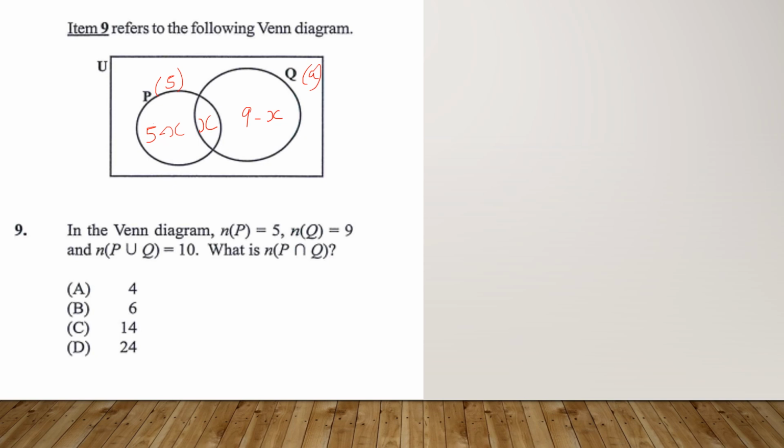If they told you that the union is 10, what number when I subtract x from 5 and x from 9 would give me 10? So we can get an equation: 5 minus x plus 9 minus x all equals 10.